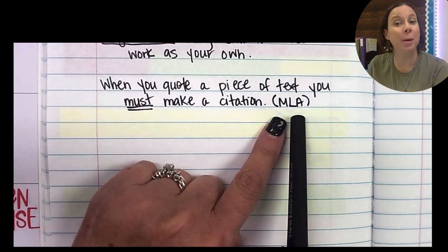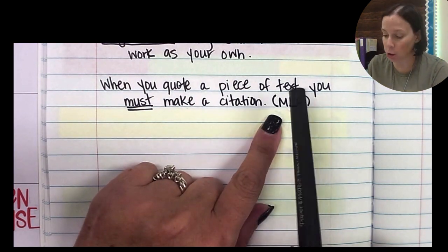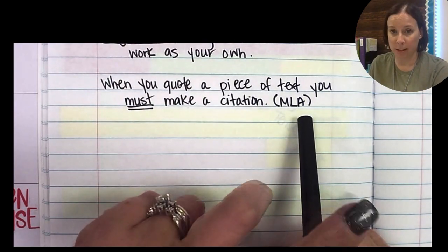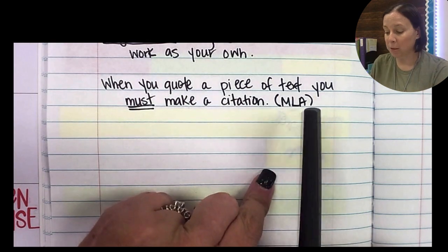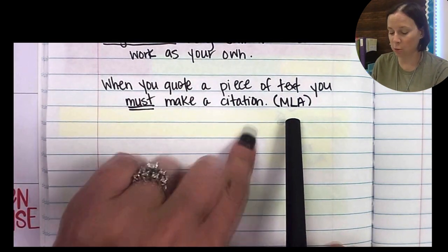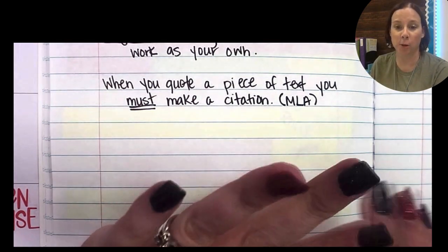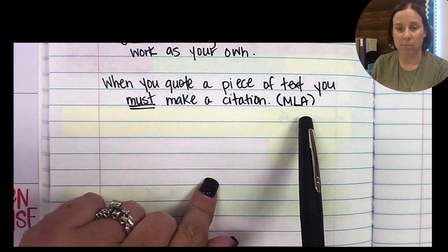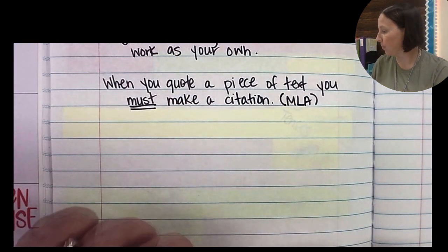If it was my education classes on how to be a teacher, I had to use APA. They're pretty different, so you've got to be careful. But what I'm teaching you today is only for English class. Don't try next year, if you're an 8th grader, to use MLA in science or social studies unless they tell you to. Okay?